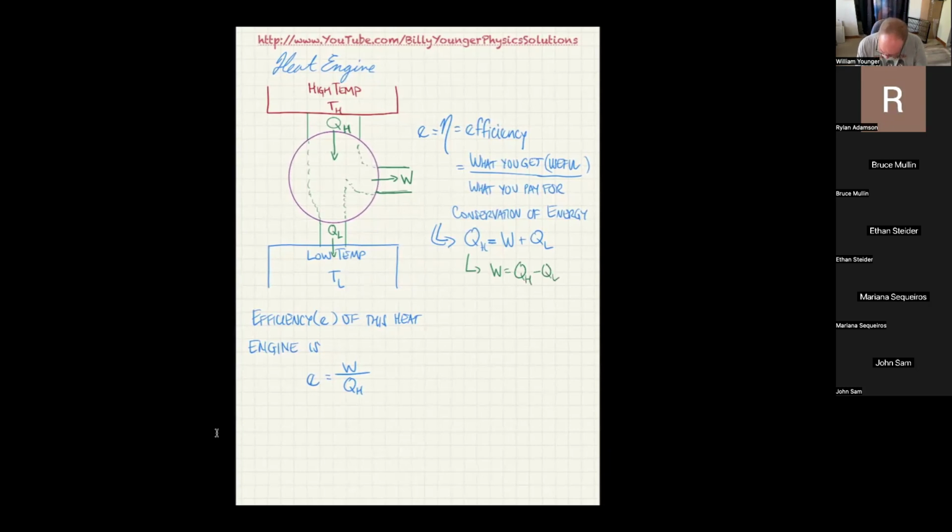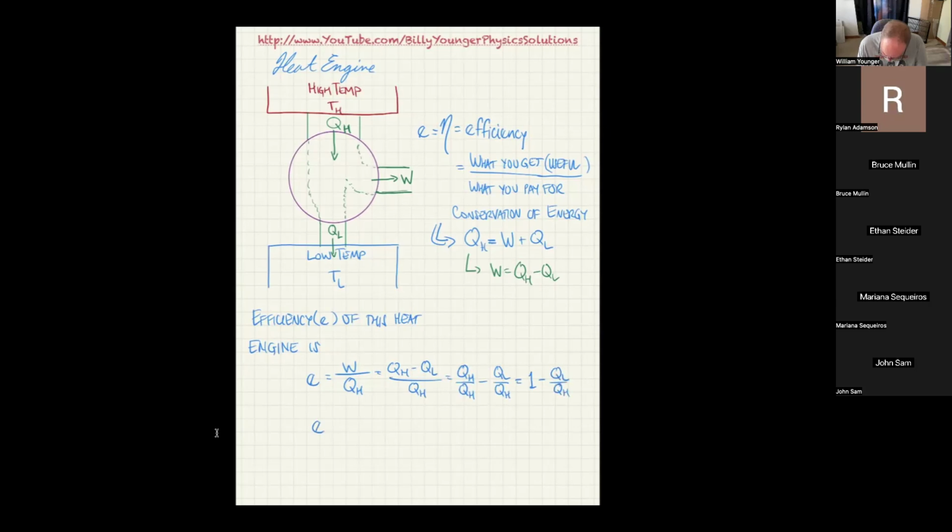So now we can say QH minus QL over QH, which you can interpret as QH over QH minus QL over QH. And in fact, that is 1 minus QL over QH.